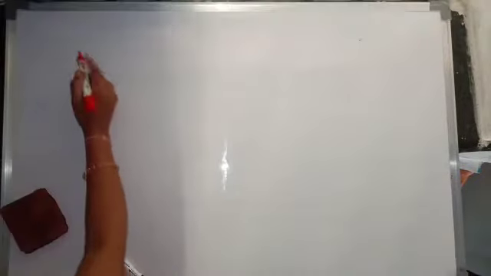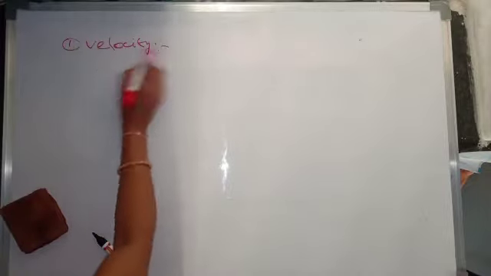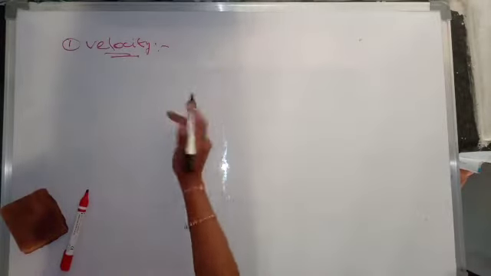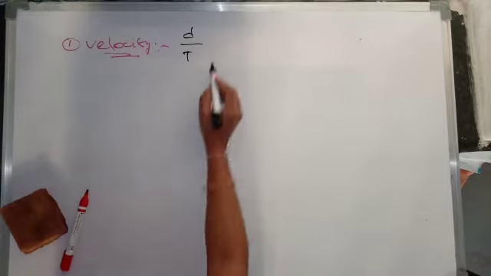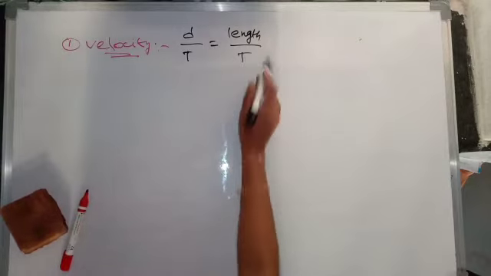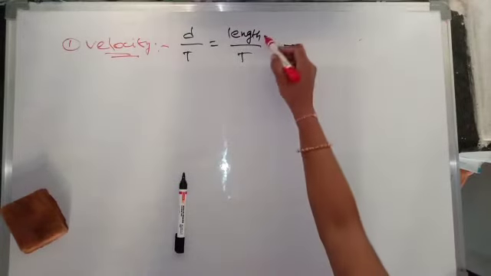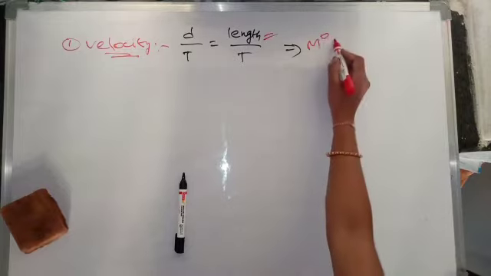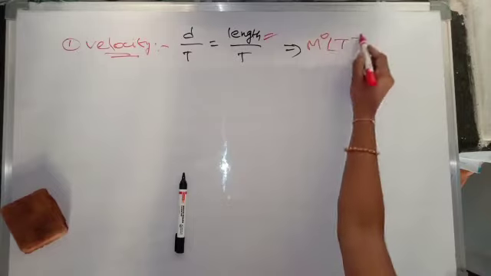First one, velocity. What is the dimensional formula for velocity? The expression for velocity is displacement per time, which can be measured as length by time t. There is no mass in this expression, so M power 0, length power 1, and time T power minus 1.